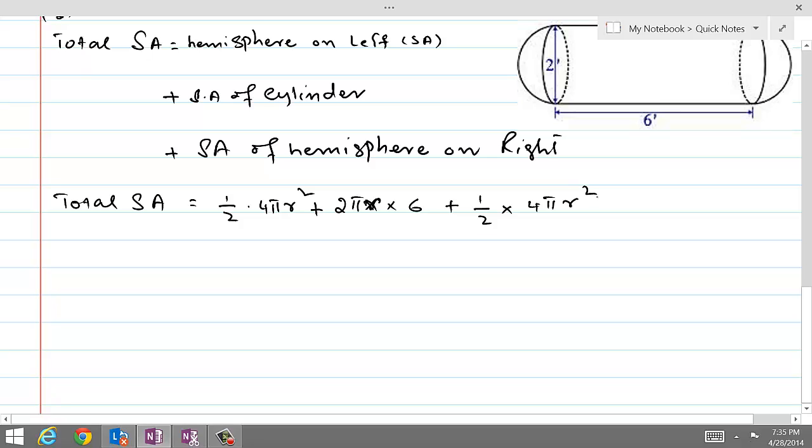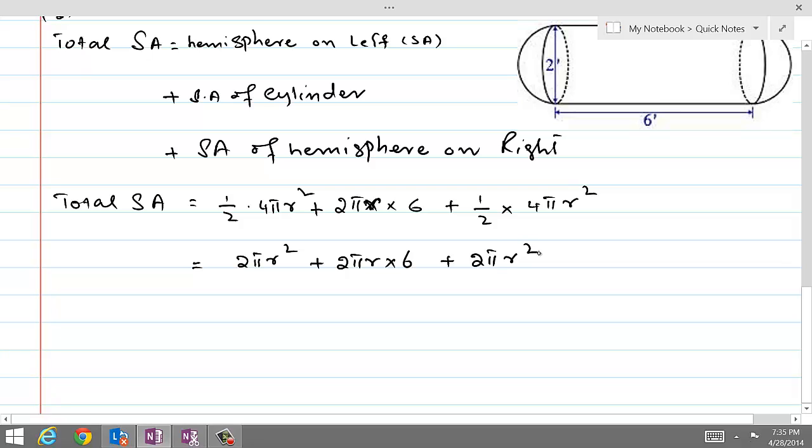So that will give us the total surface area of this entire structure. This is ultimately going to be 2 pi r squared plus 2 pi r times 6 plus 2 pi r squared.